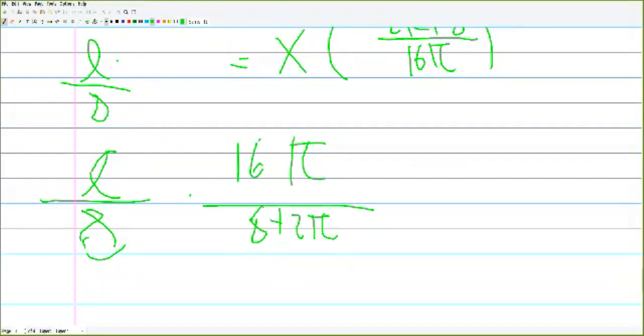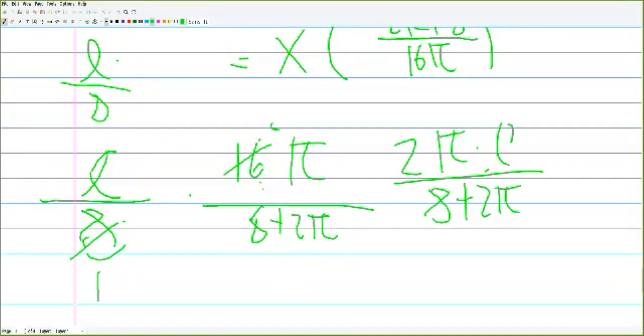So it's 2 pi times L over 8 plus 2 pi. We can divide here, so 4 plus pi, and then pi L. 2 pi L over 4 plus pi.